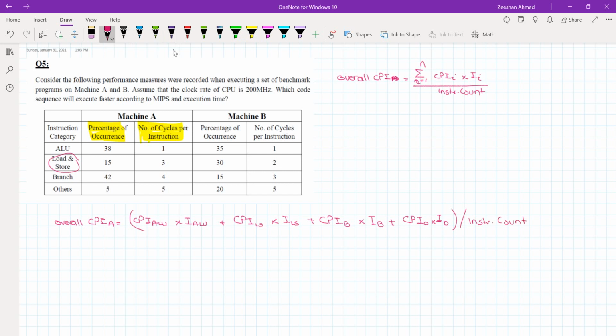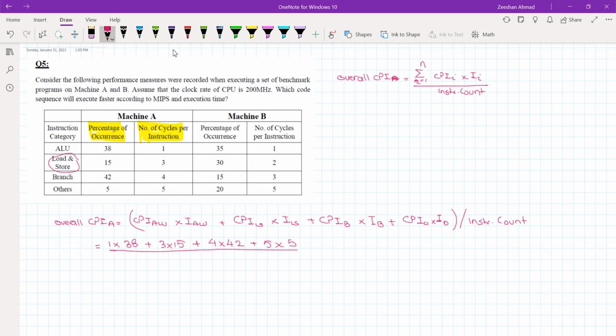The CPI of ALU is 1 multiplied by the occurrence, 38, since this is the percentage, plus the CPI of the LS is 3 multiplied by 15, plus the CPI of branch is 4 multiplied by the occurrence 42, plus the CPI of other is 5 multiplied by the occurrence 5, divided by the number of instructions.